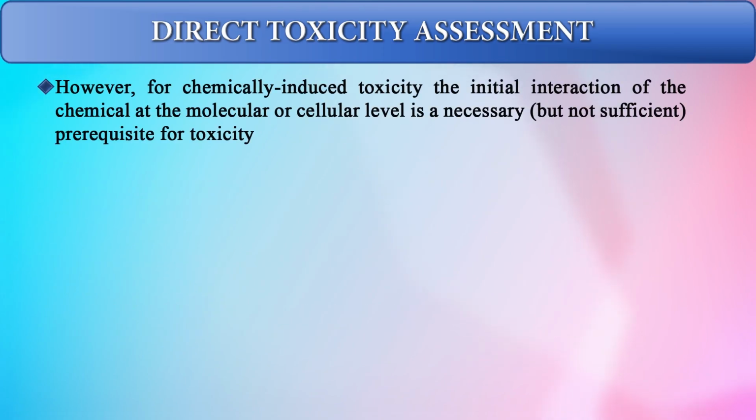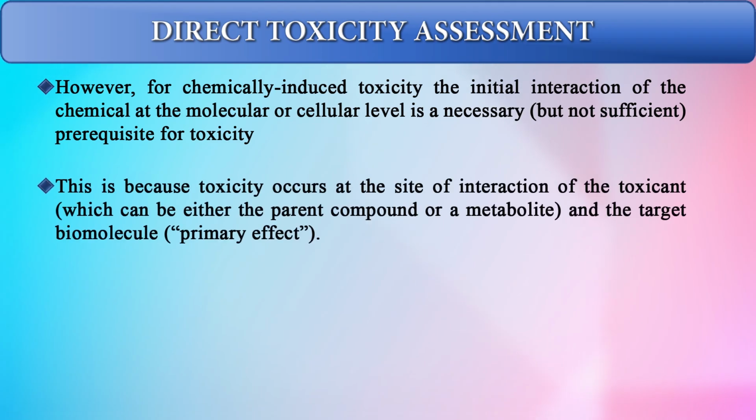However, for chemically induced toxicity, the initial interaction of the chemical at the molecular or cellular level is a necessary prerequisite for toxicity. This is because toxicity occurs at the site of interaction of the toxicant, which can be either the parent compound or a metabolite, and the target biomolecule, which is known as the primary effect.